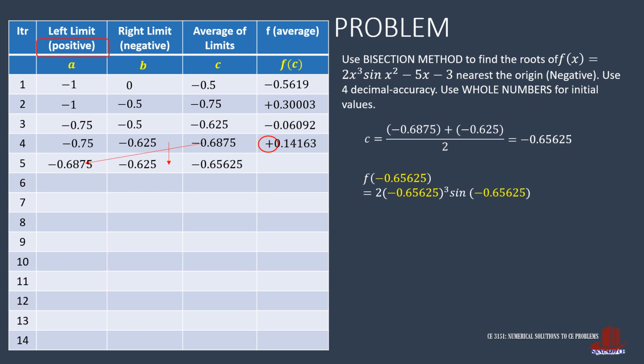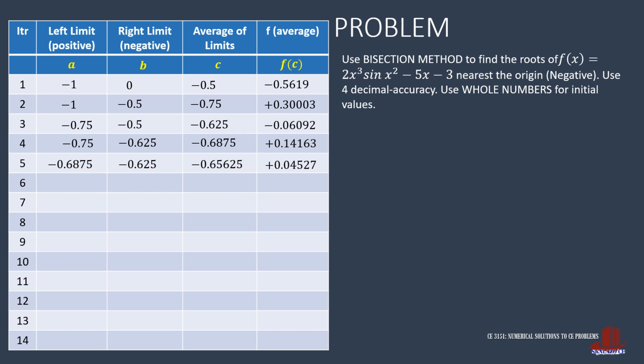Having these in the function makes it 2 times -0.65625 cubed, sine of the square of -0.65625, less 5 of -0.65625, minus 3. f of c is then positive 0.04527.